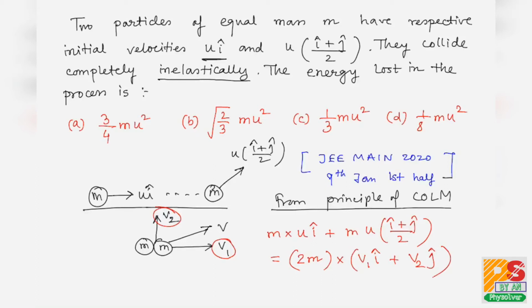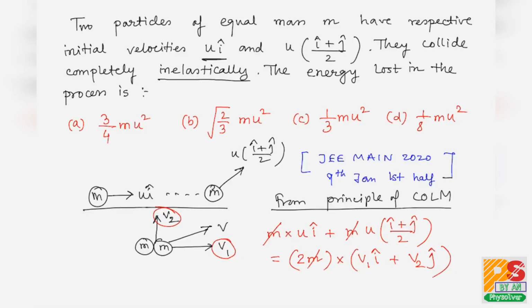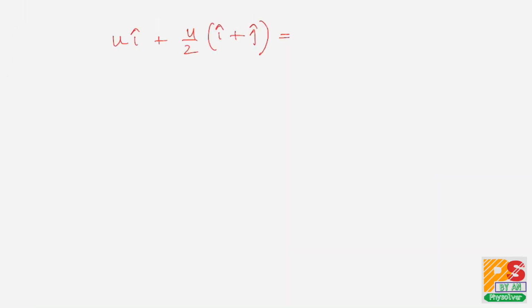And if you look carefully, m will cancel and you'll get u i cap plus u by 2 (i cap plus j cap) equals twice v1 i cap plus twice v2 j cap.